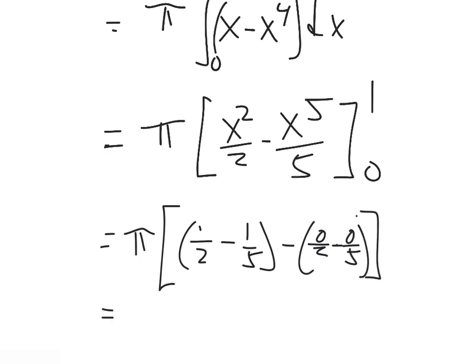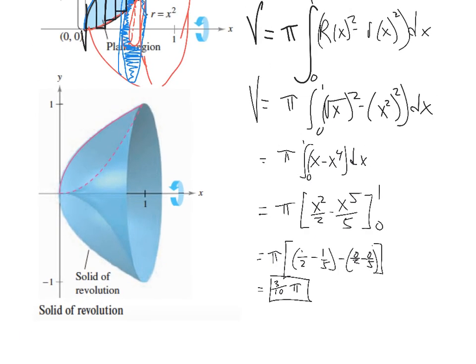So this is 5/10 minus 2/10, that's 3/10 pi. There you have it. So we found the volume of that funny little shape, this area in between, all wrapped around here. And the volume is 3/10 pi.